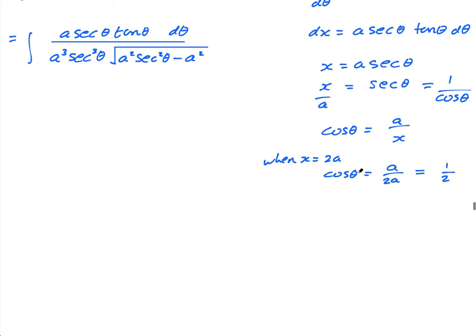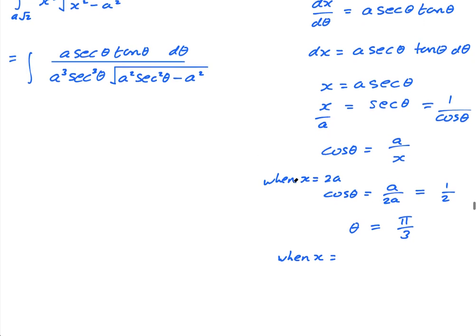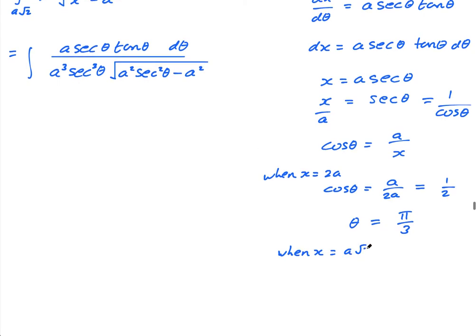When cos of theta is a half, theta is equal to pi over, let me get this straight, I'm visualizing my triangles, it's equal to pi over 3. And when x equals, what was the other limit, a root 2, cos theta is equal to a over a root 2, which is actually equal to 1 over root 2.